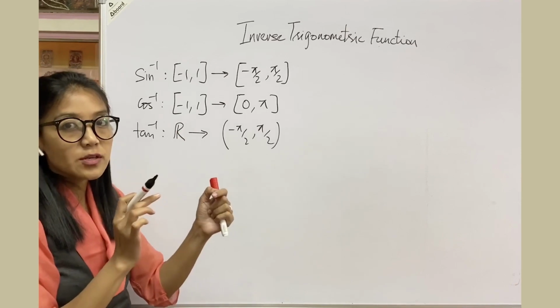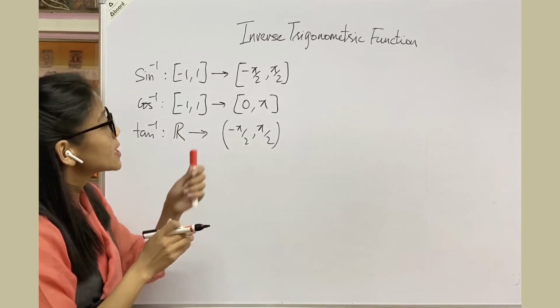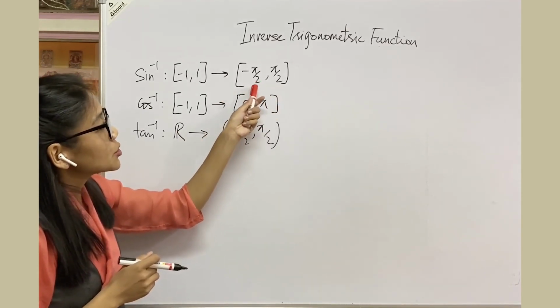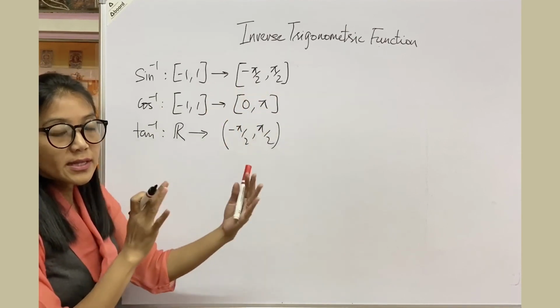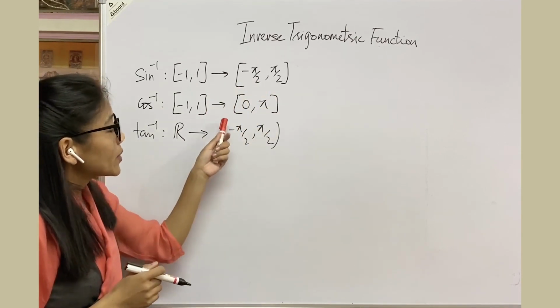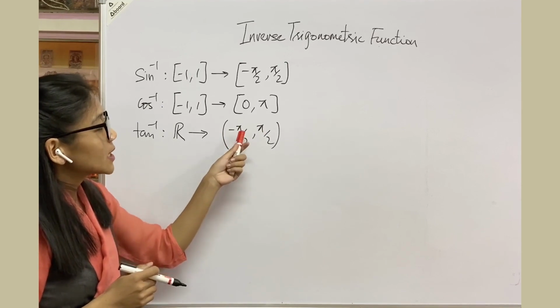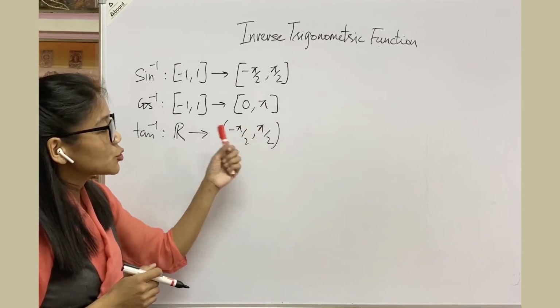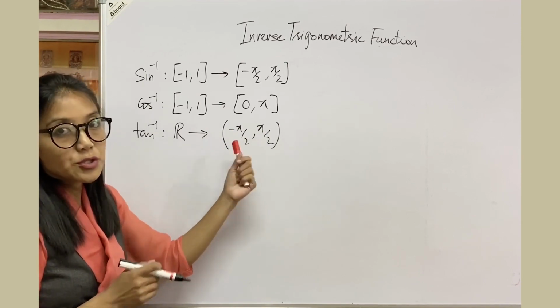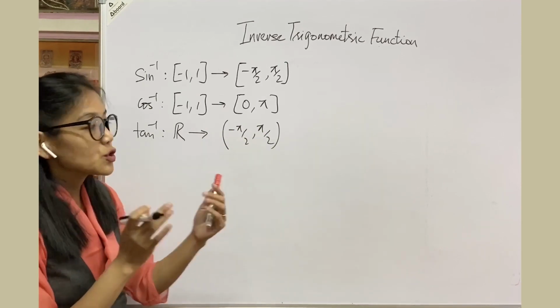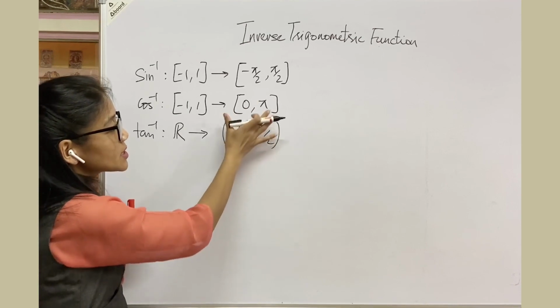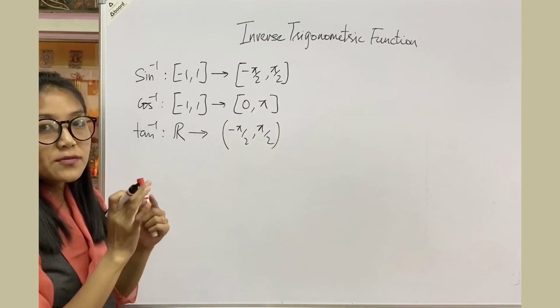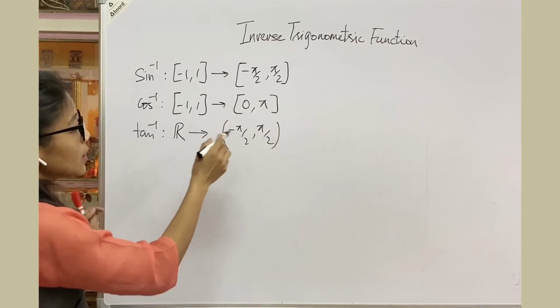Closed interval means you include the 2 extreme points. When we take an open interval, we take all the real numbers in between -π/2 and positive π/2, excluding these 2 extreme points. That is the difference between closed and open interval, so be careful with the brackets when you are writing.